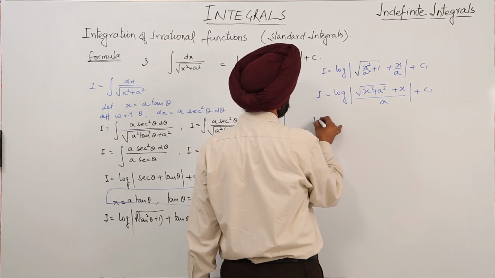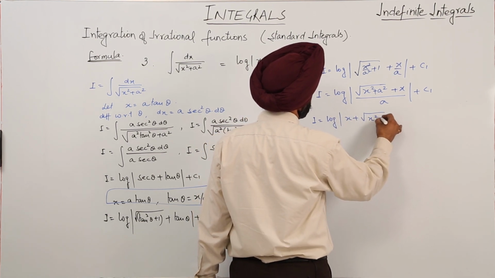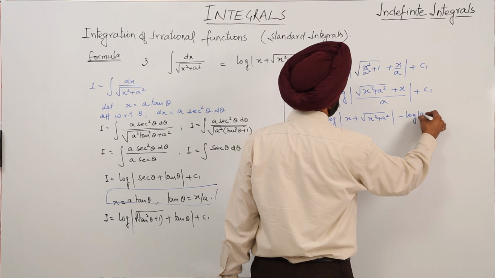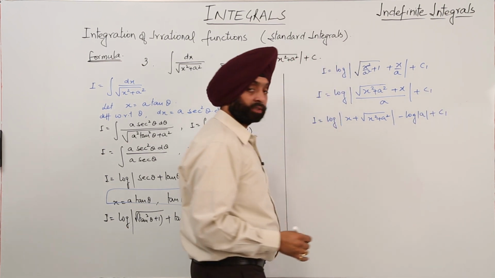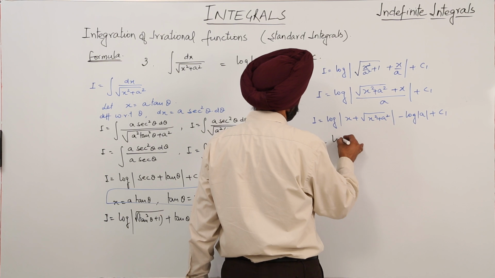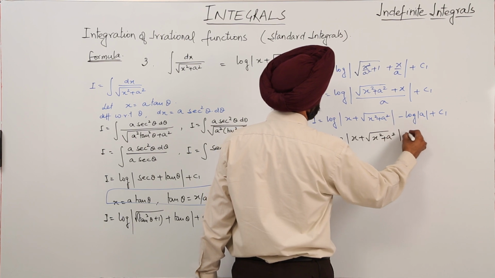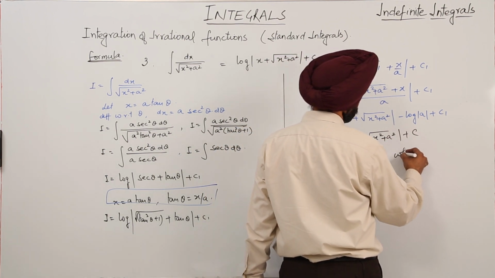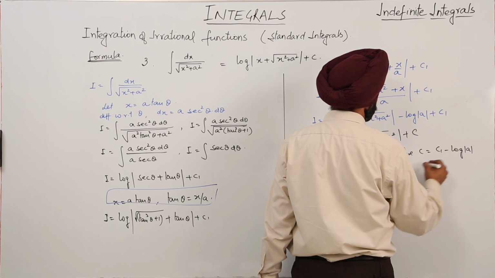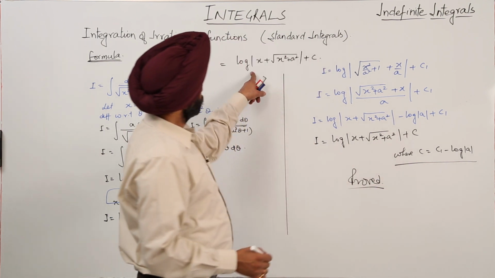Now this becomes log, we are writing like this, x plus square root of x square plus a square, plus c1, and finally we have plus c, where c is equal to c1 minus log mod a. Proved. This one and this one.